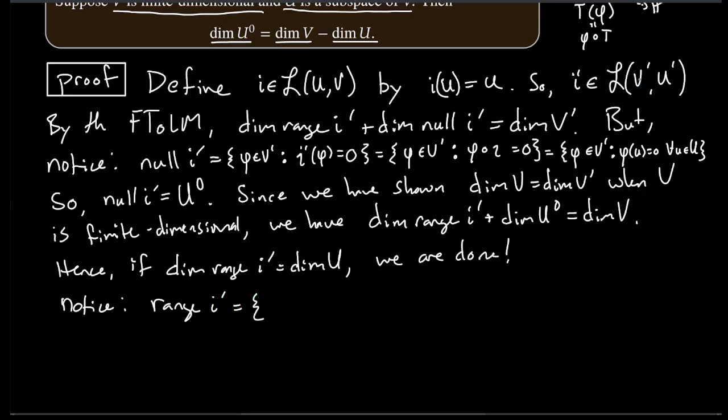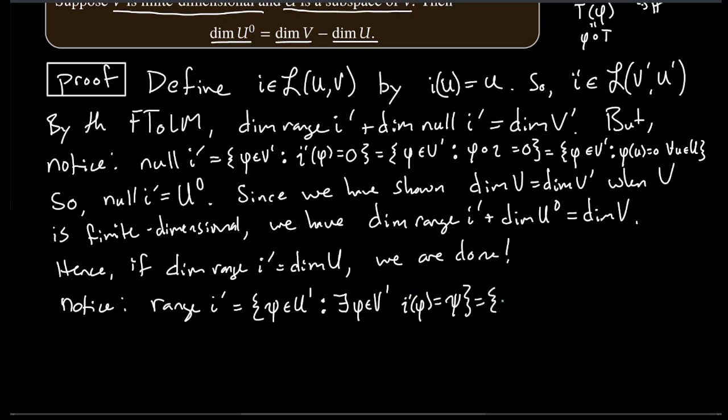It sends linear functionals in V prime to linear functionals in U prime, or linear functionals on U. So this is psi in U prime such that there exists some phi in V prime where I prime of phi is psi. So it's all of the linear functionals you can get by punching them through I prime.